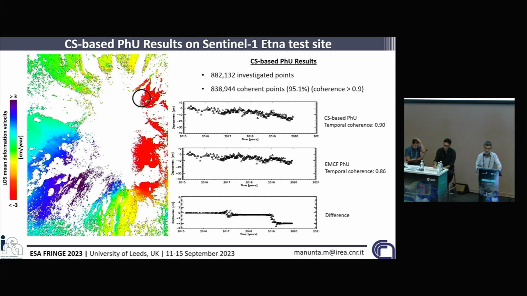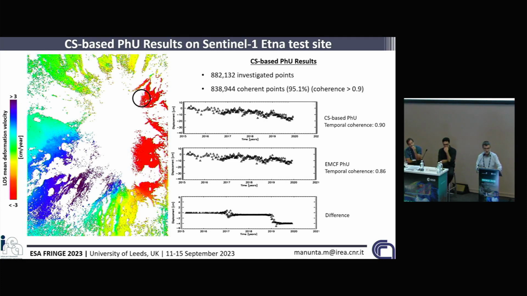So we understood that the new algorithm is able to preserve the capability of the EMCF approach to unwrap very large data, so to unwrap very large areas.